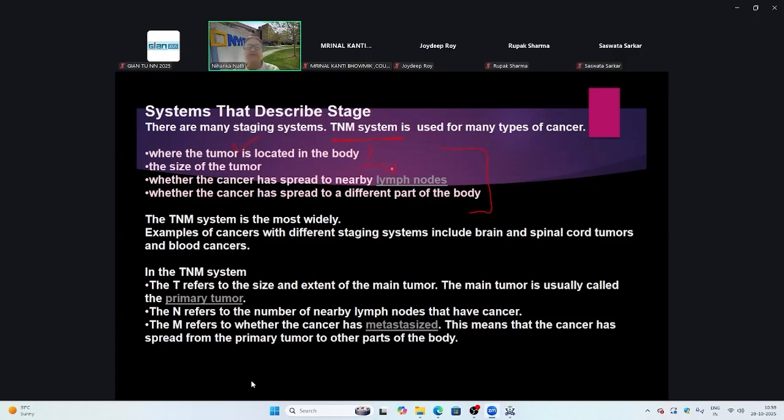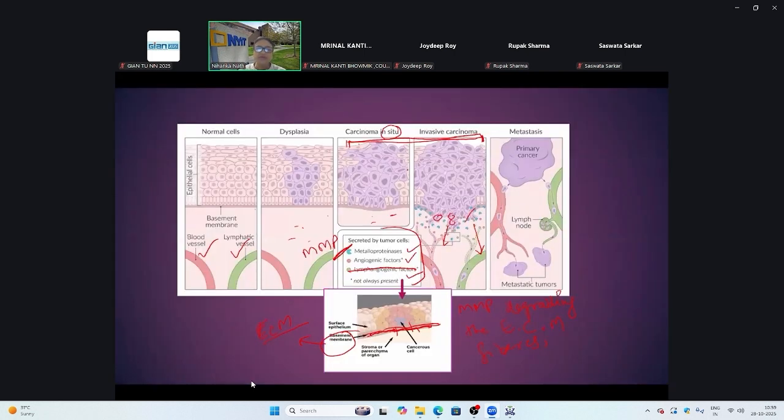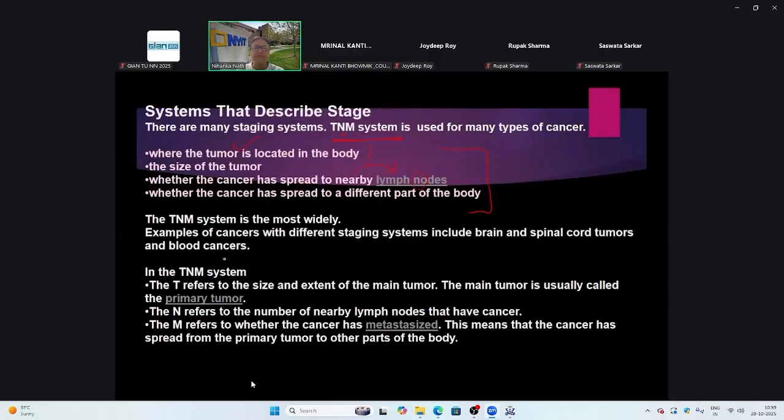That is important. If it has gone into any of the lymph nodes, the N stands for nodes. And where are the lymph nodes? The lymph vessels are close by. The blood vessels are close by. Not shown here, but everything is close by. If it enters the lymph nodes, the lymph node is a place for immune cells, your immunity.